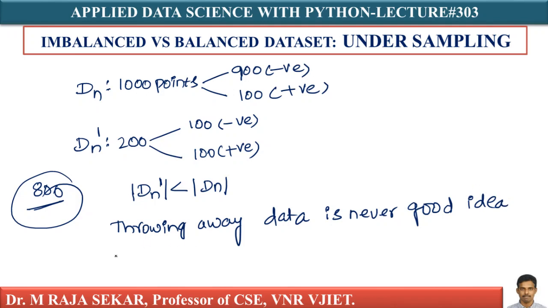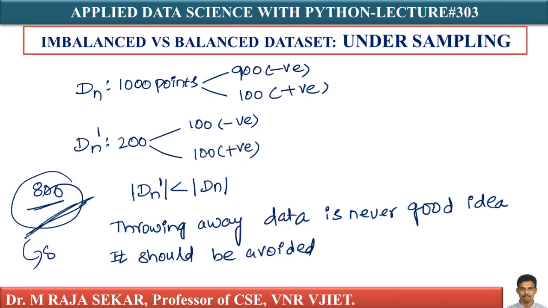It should be avoided, isn't it? Imagine I am throwing away 800 points. What does it mean? It means I am throwing away 80% of the data, isn't it?